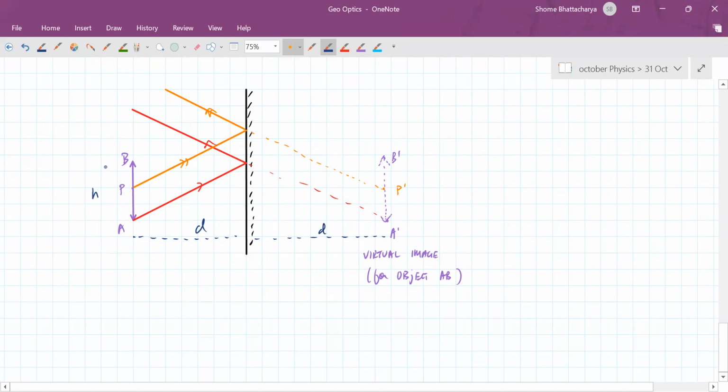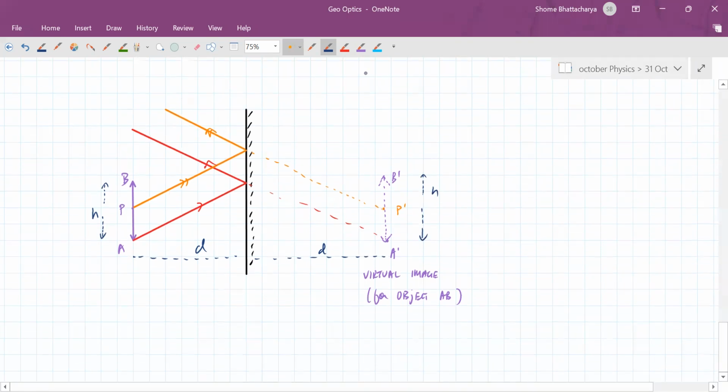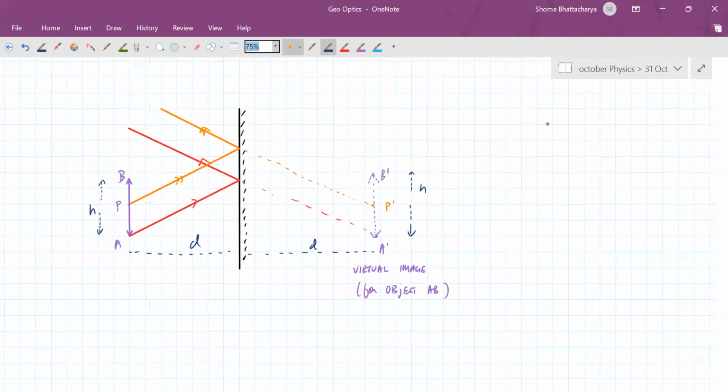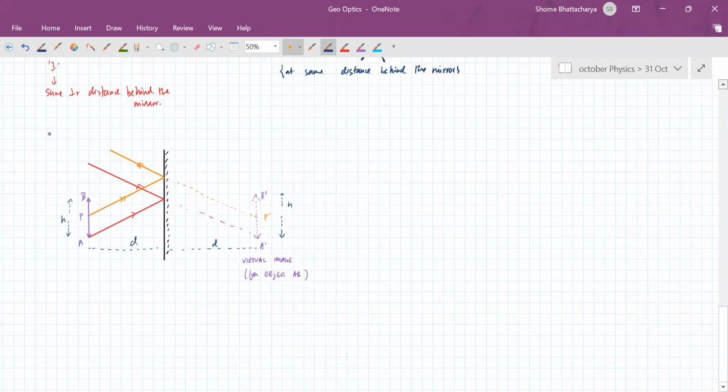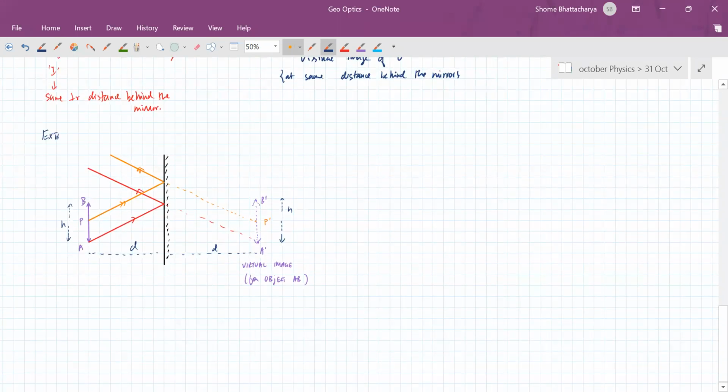This height is equal to this height. So an extended object will produce an image which is of the same size. We're discussing in context of plane mirror only.